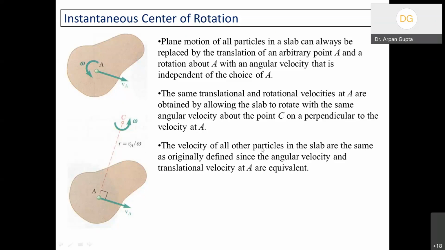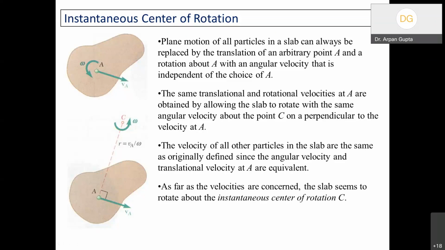The velocity of all other particles in the slab are the same as originally defined, since the angular velocity and the translation velocity at A are equivalent. And so it seems that the slab rotates about the instantaneous center of rotation, point C. Right?